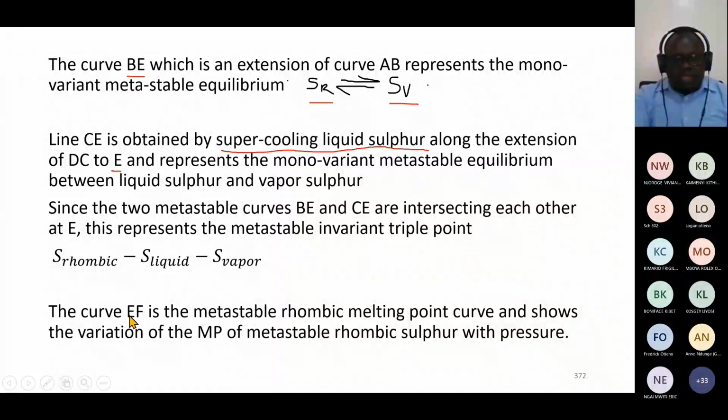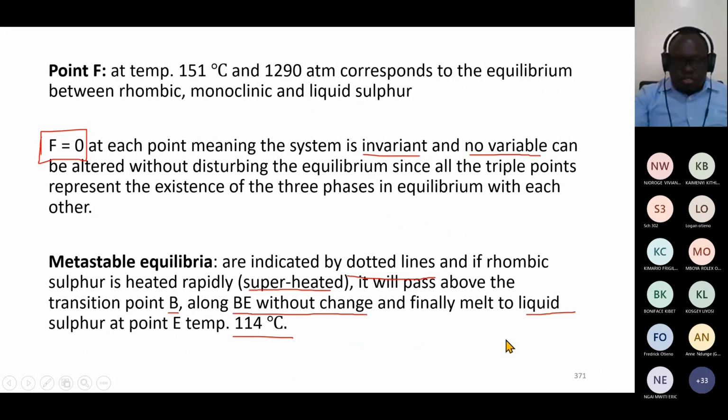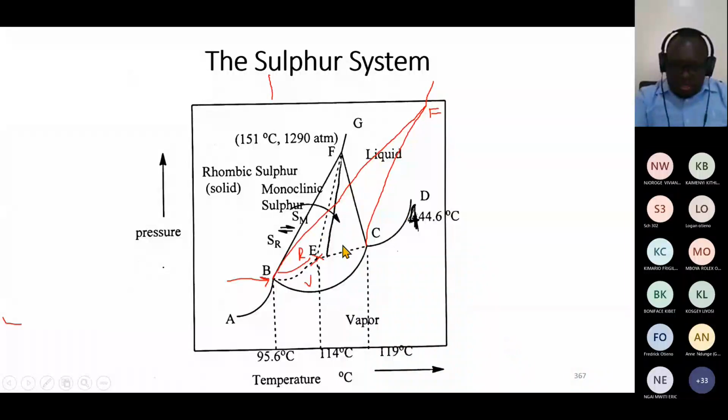Now the curve EF is called the metastable rhombic melting point curve, and it shows the variation of the melting point of metastable rhombic sulfur with pressure. That is the line EF, this one here. Remember, point F is the melting point of rhombic sulfur.